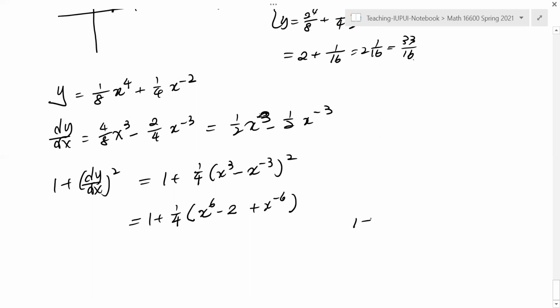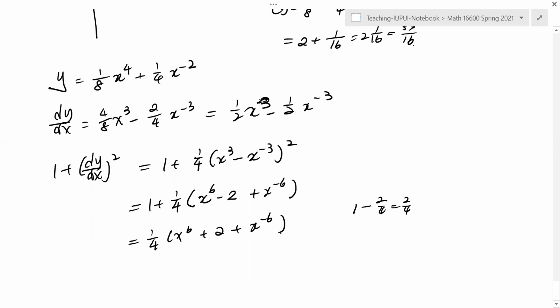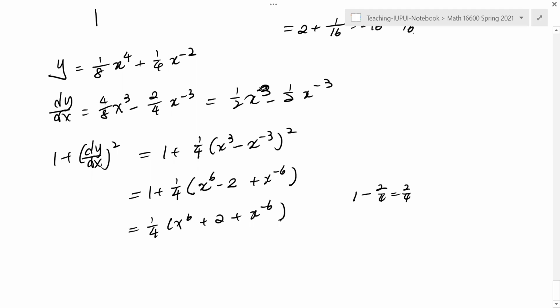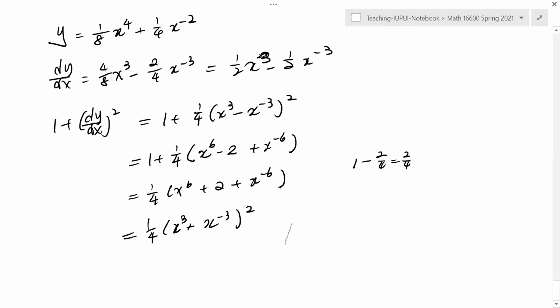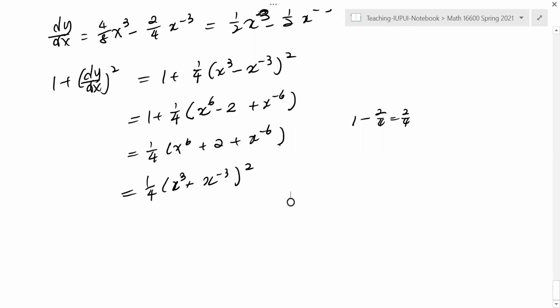But 1 minus 2 over 4 is going to be positive 2 over 4. So this simply you get this. And then you immediately should know that this is going to be a quarter x to the 6th plus. So you can write it as a square. Okay, that's a very important observation. We needed that to simplify the integral.